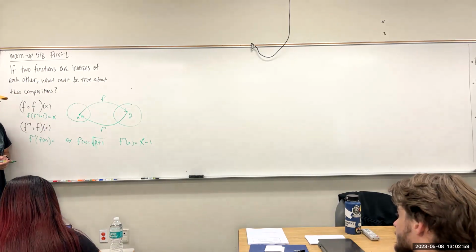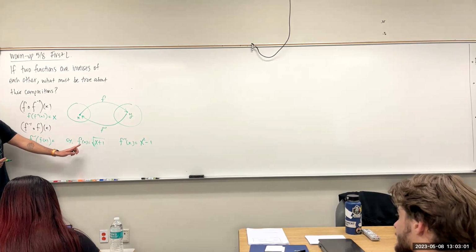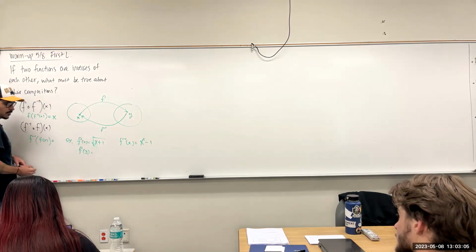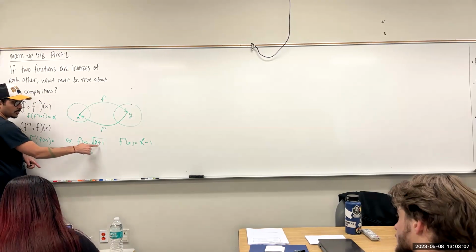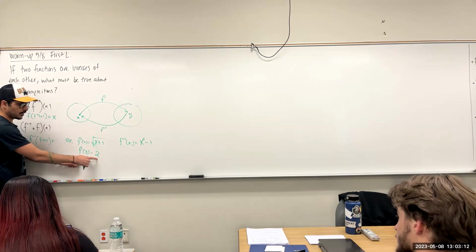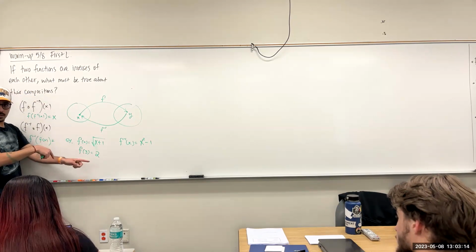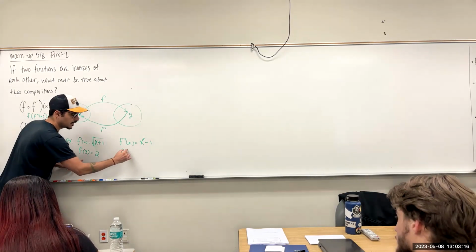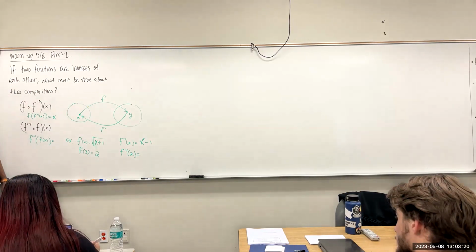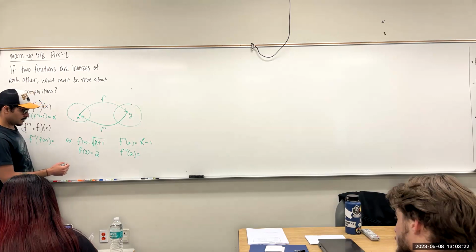Plug in 3 here. What do we get? Square root of 4, which is 2. So then, like Alexa was saying, if we flip the domain and ranges, when I plug in 2 here, what is that? It's 3.